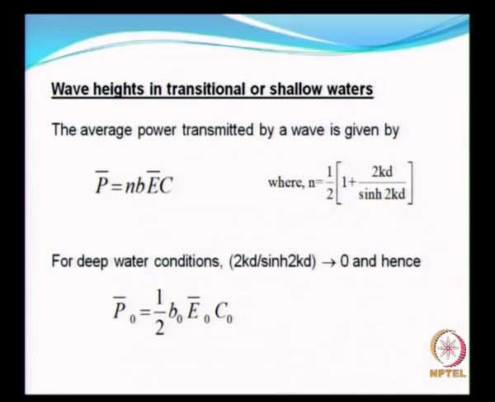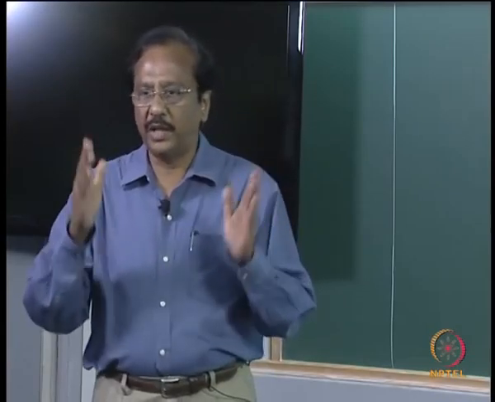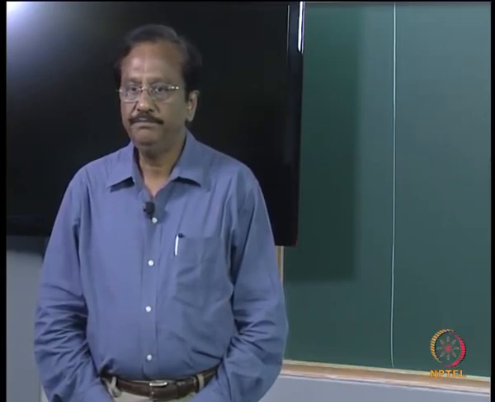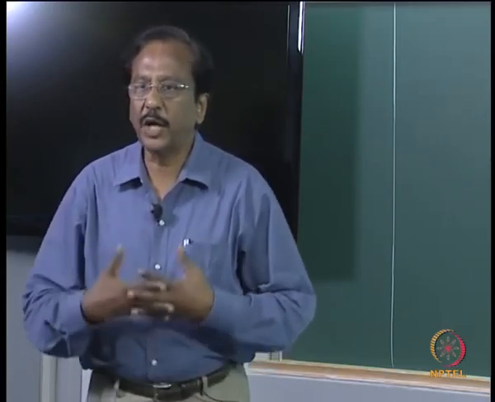What is power? Power is energy into group celerity. I am retaining that group celerity here, n into c is still the same, group celerity into energy, but I have introduced b because I am considering an area in between only two orthogonals in order to obtain an expression.